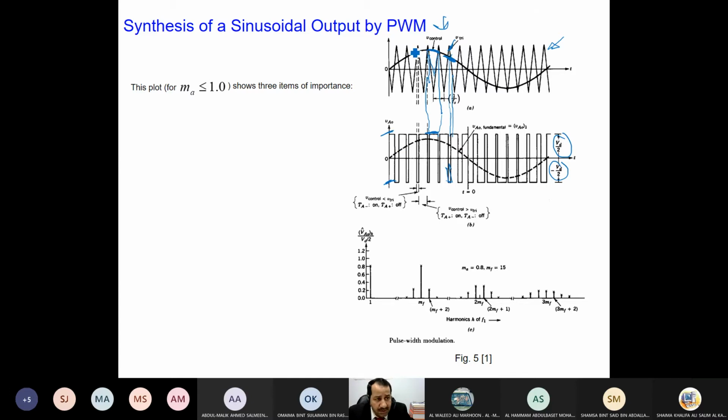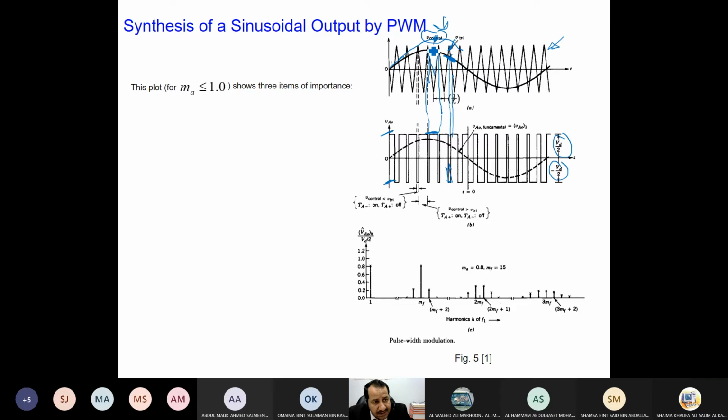I'm still talking about the situation where the peak of my control signal is lower than the triangle. When it is higher than the triangle, we'll discuss it in the next slides. But when I say higher than the triangle, it means the control signal will be higher here.